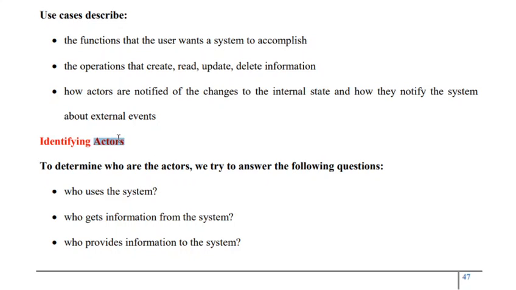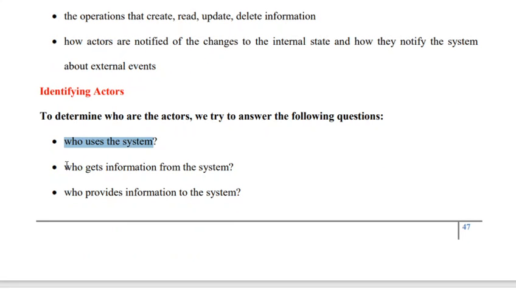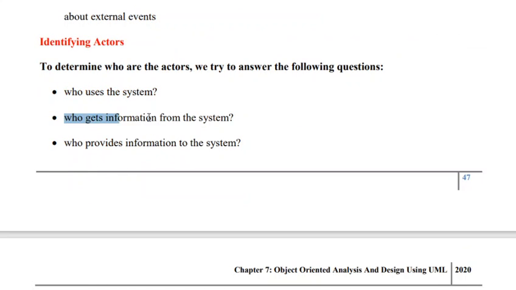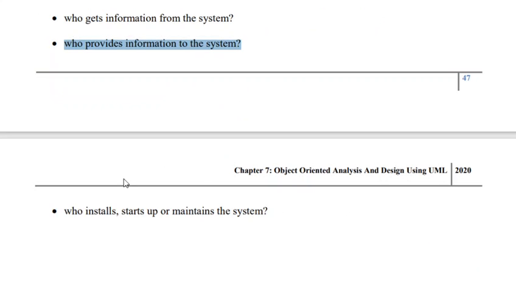So identifying actors. In order to identify actors, you need to answer the following questions. Who uses the system? If we have an answer to this question, then we'll be able to identify actors. Who gets information from the system? By answering this also, we can identify actors. Who provides information to the system? Who installs, starts up and maintains the system?